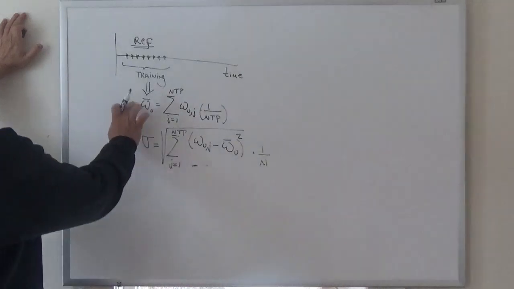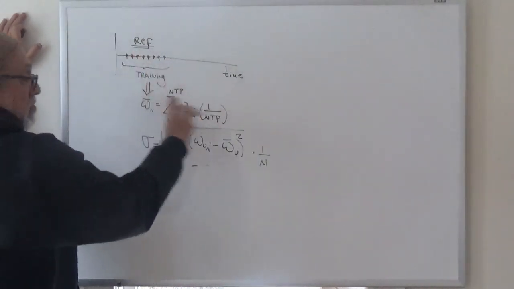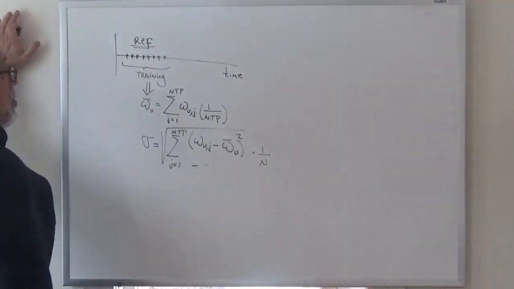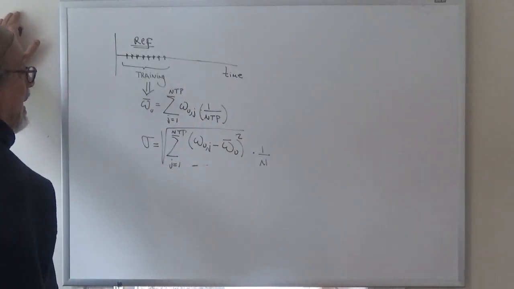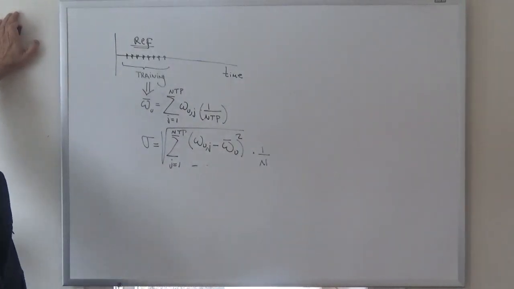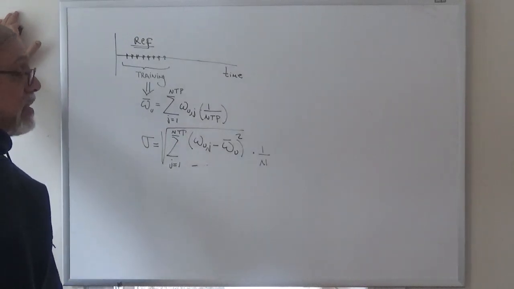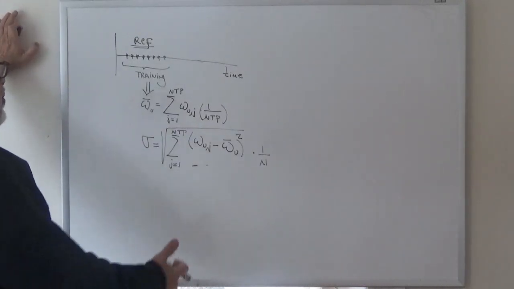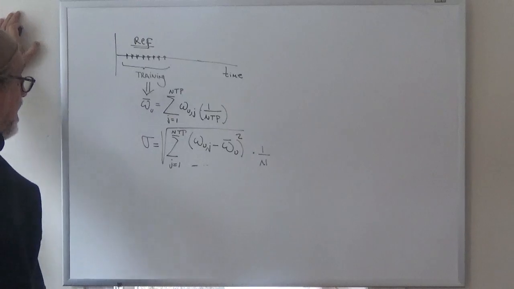Now, the mean and the standard deviation of a set of data exist and are given by those expressions. They do not indicate that the distribution is Gaussian or not. They're just the mean and the standard deviation of the data.